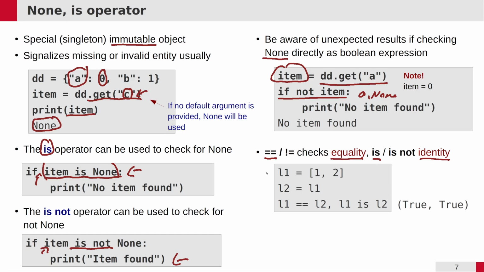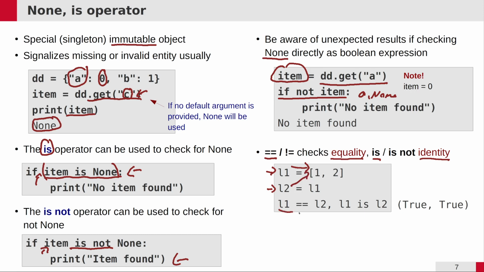I am defining a list L1 with two objects, and then I'm defining a second list, L2, which is L1. As you remember, L1 equal [1, 2] only means that L1 points to the object in memory where the list [1, 2] is stored. And if I have the assignment L2 equal L1, then L2 also points to the same object in memory.